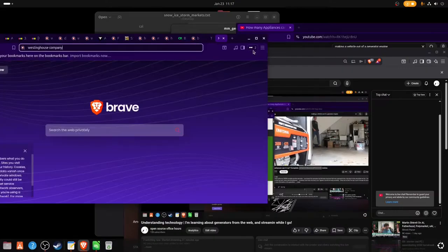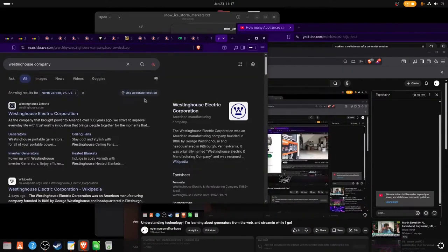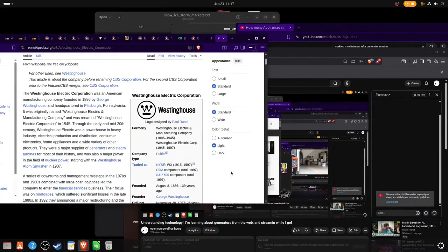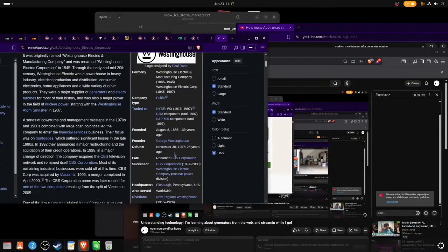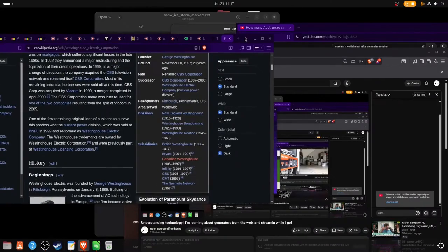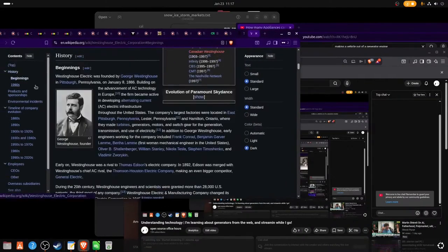Westinghouse company. So what I'm looking for here is, we'll do this quick, basically what they make. Was it founded on making generators? What's their core thing? It just helps me understand the tech. Beginnings. Pittsburgh. Pittsburgh's a manufacturing hub in the United States.